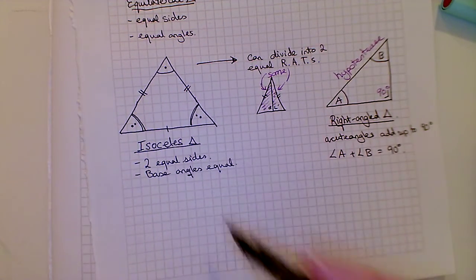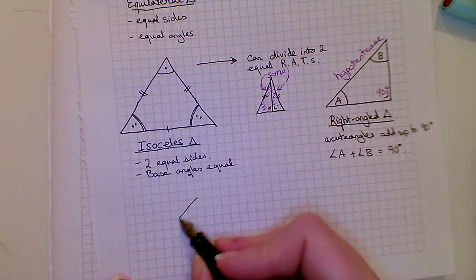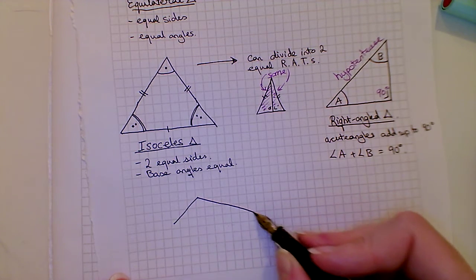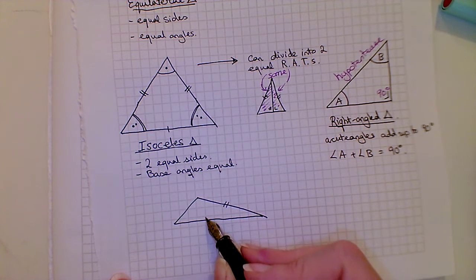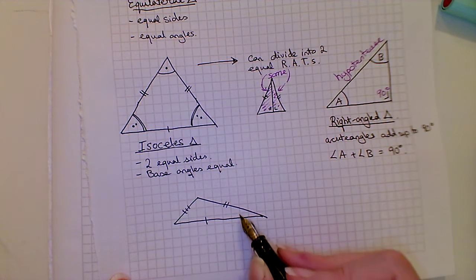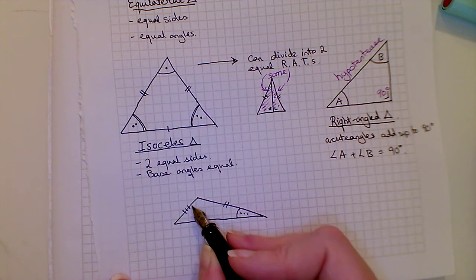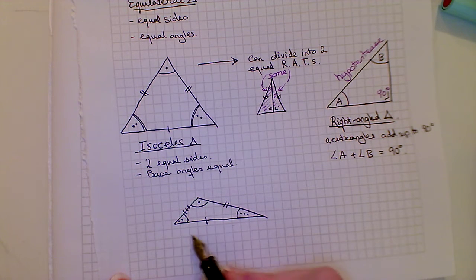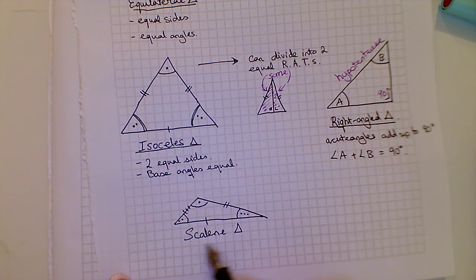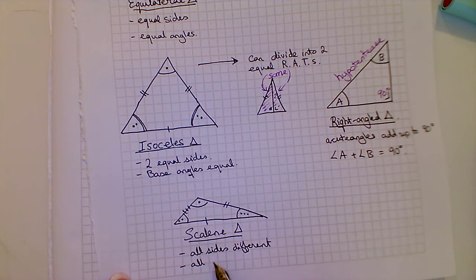Now, the last type of triangle might be a triangle with no two sides the same. So all sides and all angles are different from each other, and that's called a scalene triangle. All sides different and all angles different.